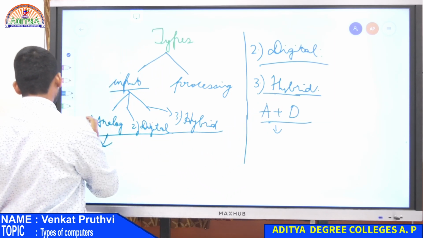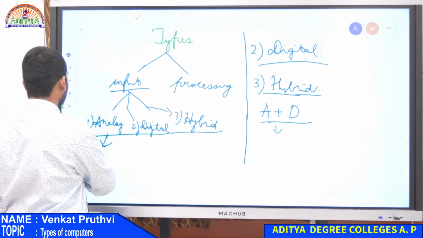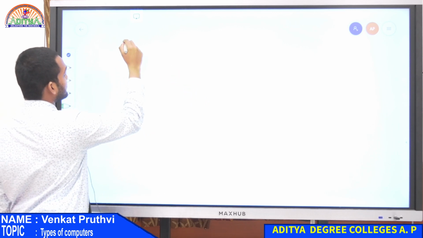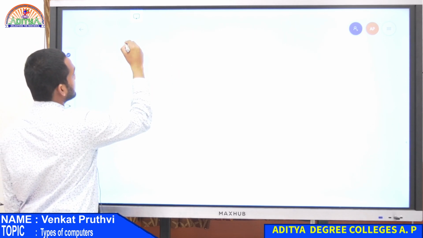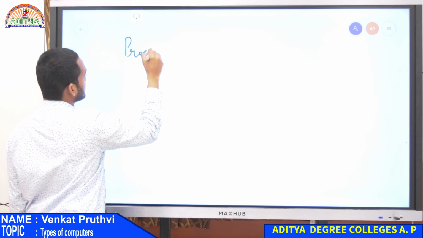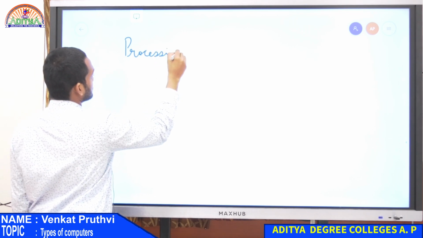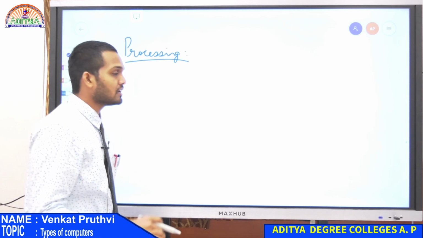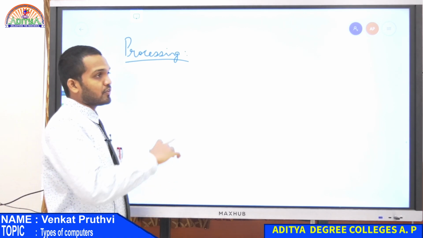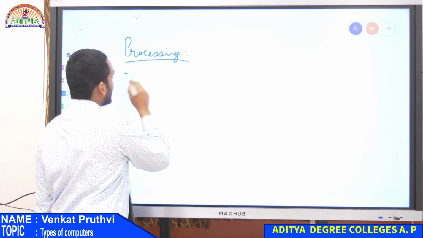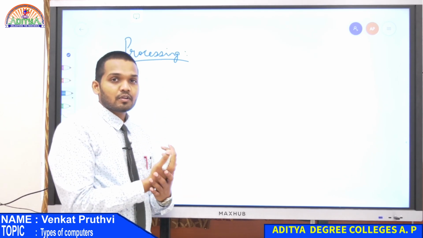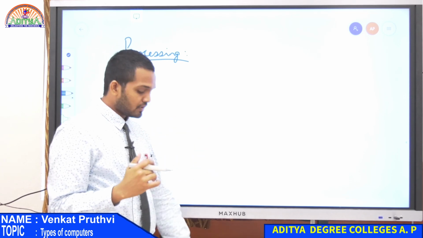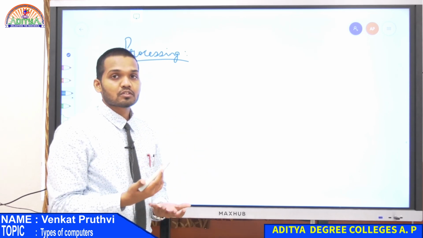And then let's see the second part of the computers, that is based on the processing. Based on the processing, we have different kinds of computers. But before going into this, I would like to explain the machine language: what kind of language the computer has and how it understands those values.